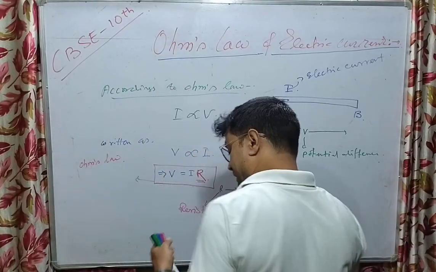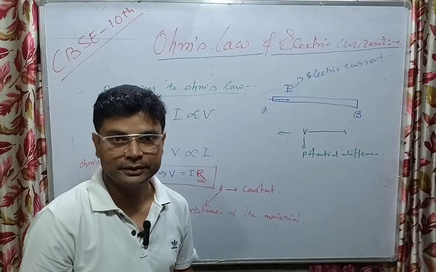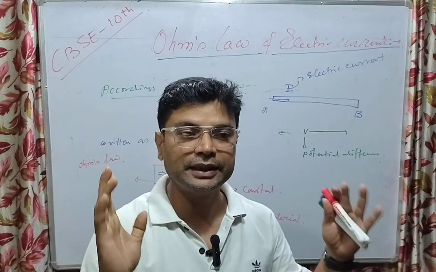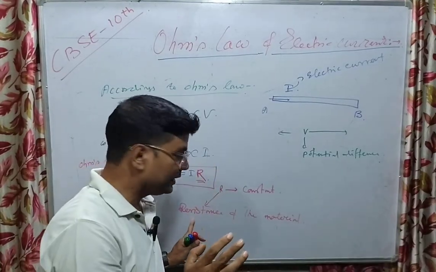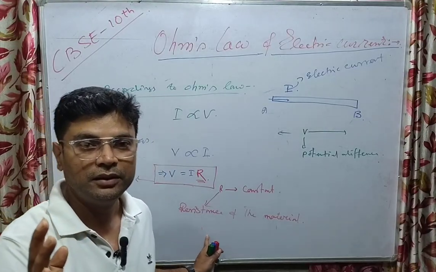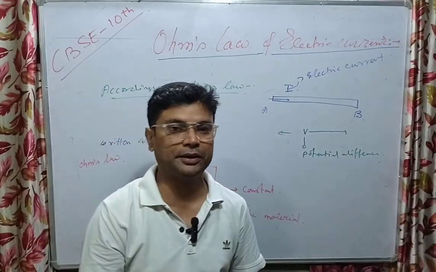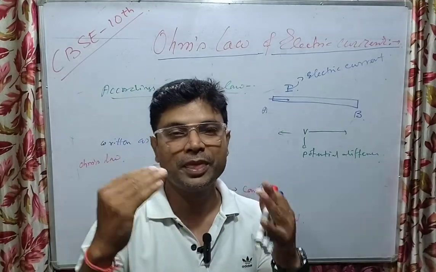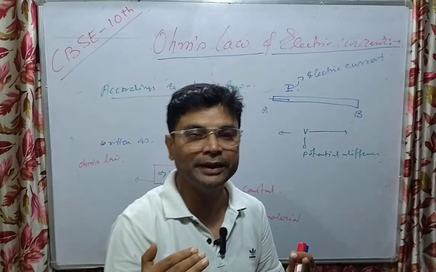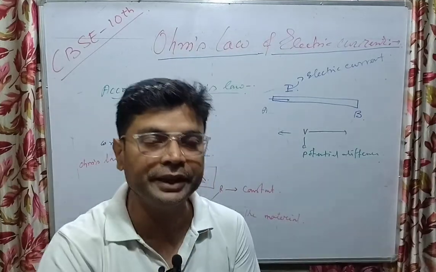Simply students, resistance is a property. Clearly, listen carefully. Resistance is a property of a material by which it can obstruct the flow of charge. It means resistance obstructs the flow of charge through it.